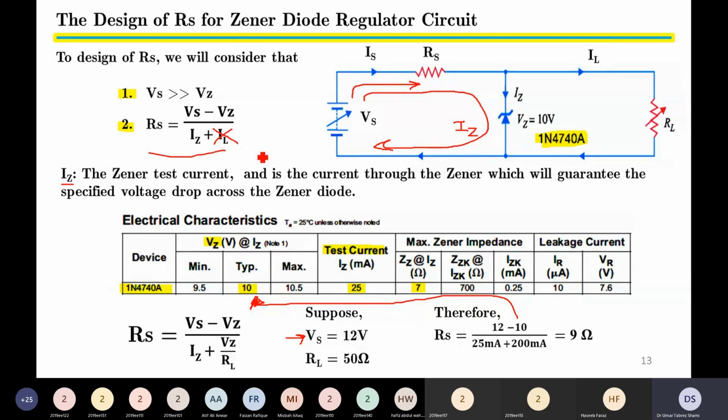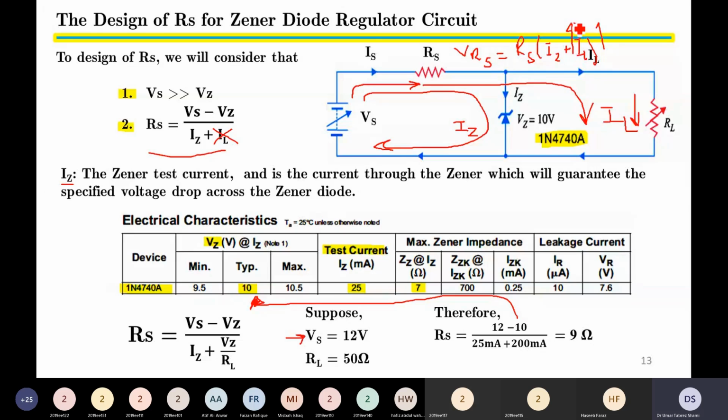The second reason is that if IL increases to a very large value, then this IL also flows through Rs. This means that the voltage across Rs, that is VRS, is equal to Rs times (Iz plus IL).